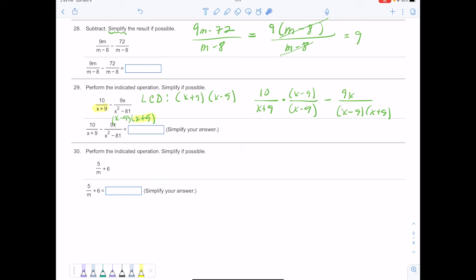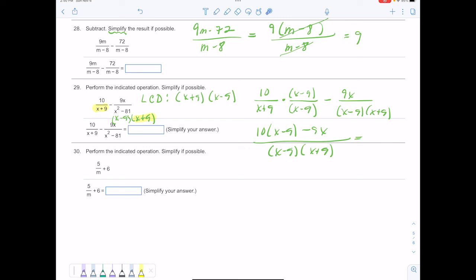Now I scan my denominators. I have the same exact denominators. So I'm just going to simplify the numerators. I'm going to have 10 parentheses x minus 9, and then I have minus 9x. And that's all going to go over my least common denominator. And then I'm going to simplify.